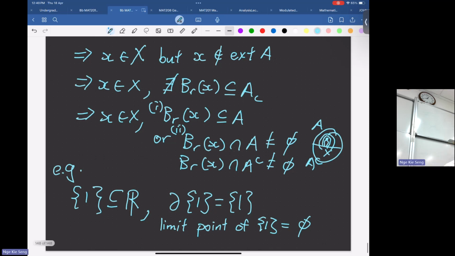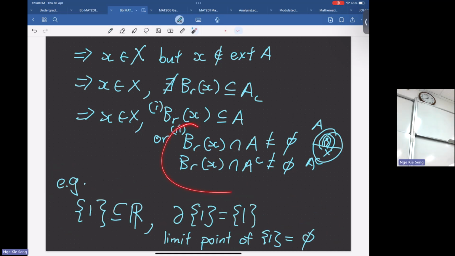So what happened to case 2 here? Oh, isolated points stay inside this category. Yeah, I think you're quite right. Let me think.